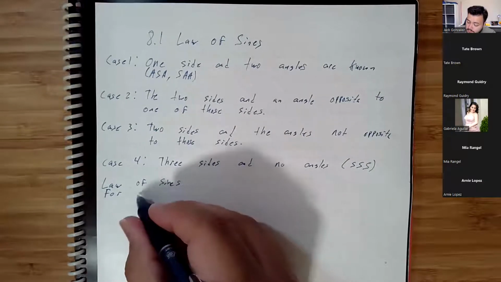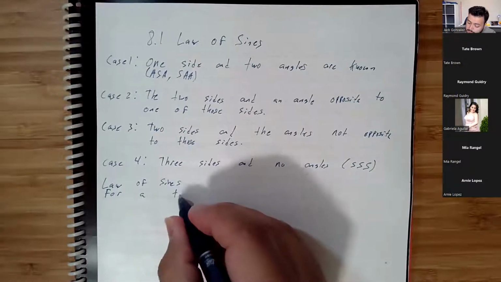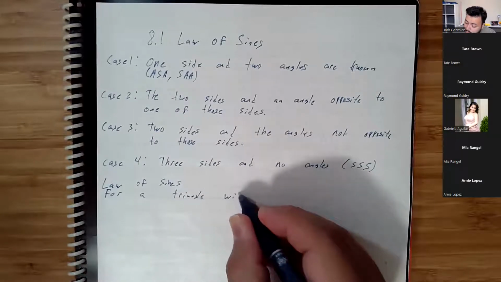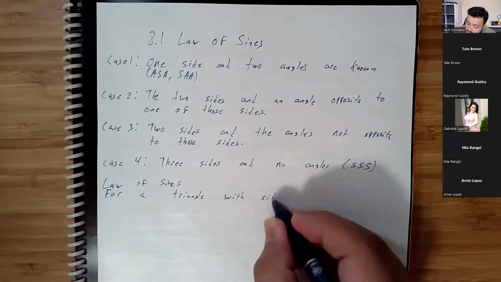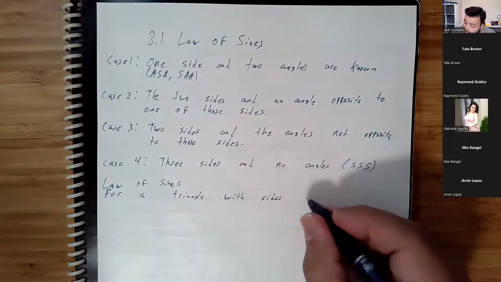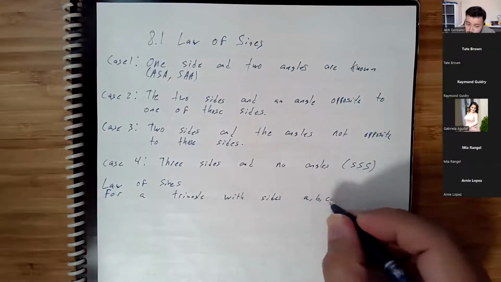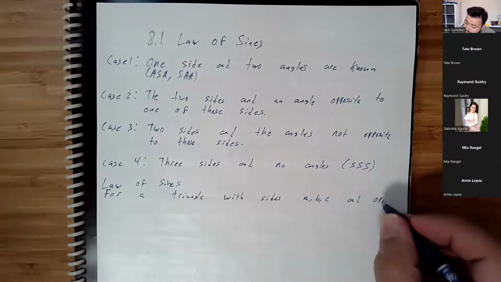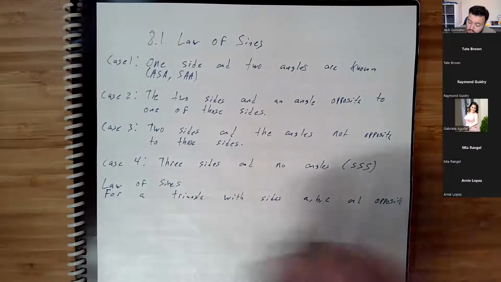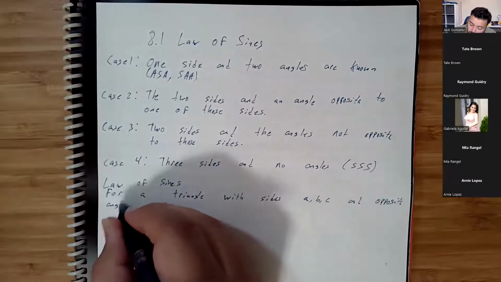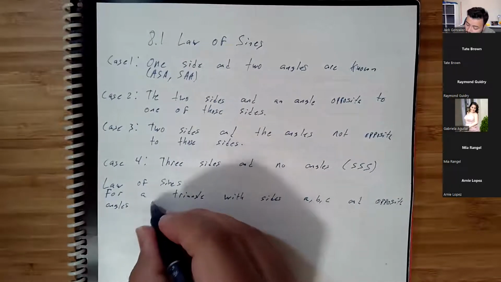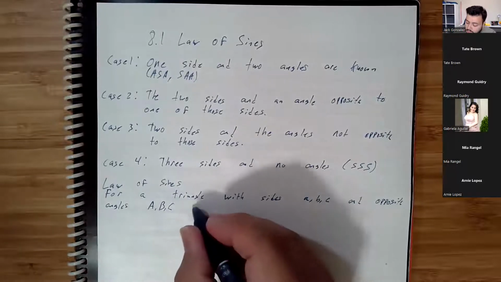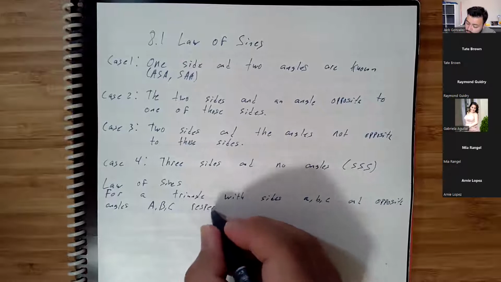For a triangle with sides a, b, c and opposite angles, capital A, B, C, respectively.